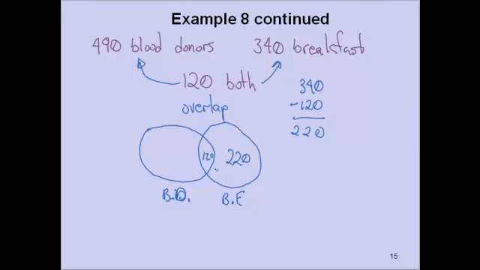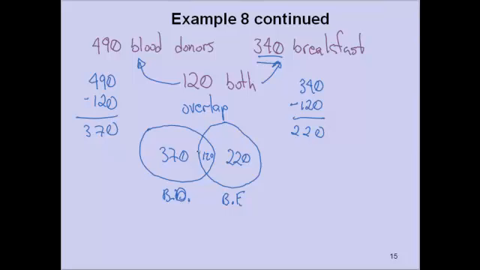That's where that number comes from. I can do the same thing with the blood donors. I've got 490 blood donors. 120 of them were also willing to serve breakfast. And so you end up with 370 that are blood donors only, and 120 that are blood donors and serving breakfast.